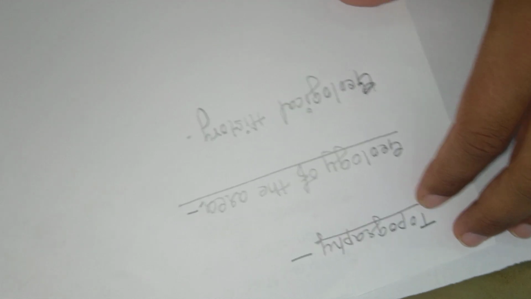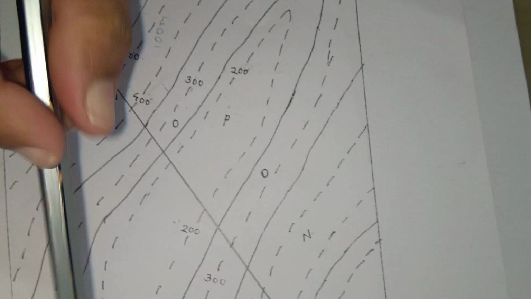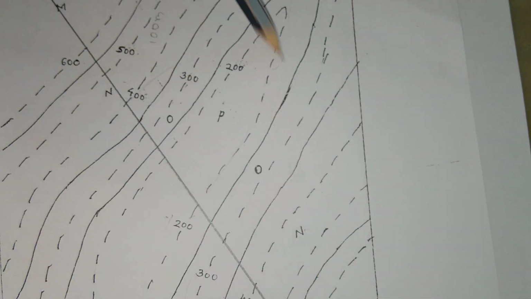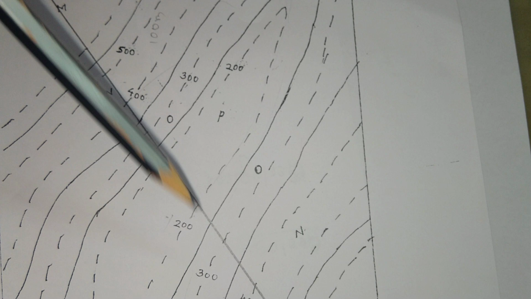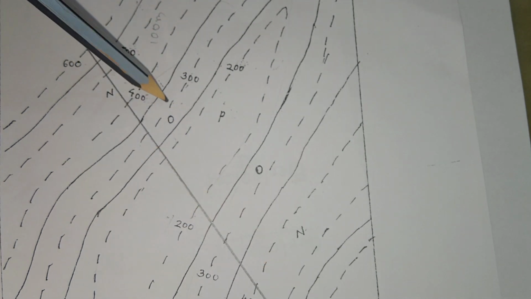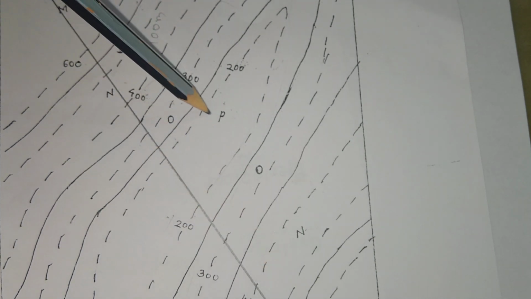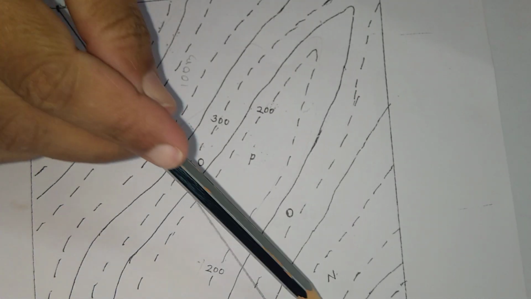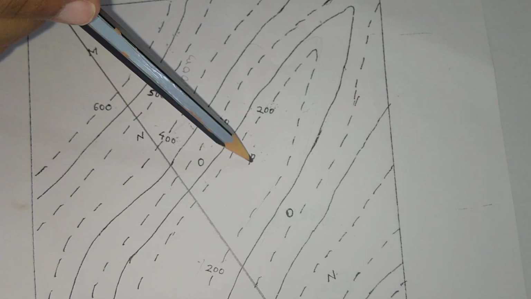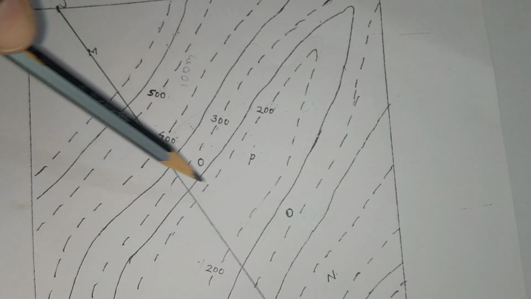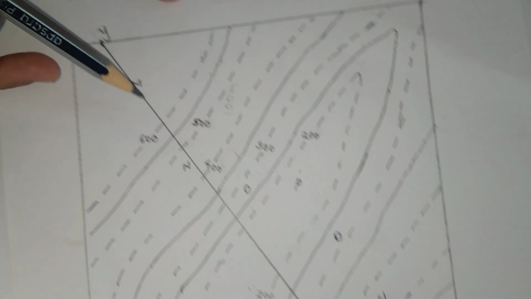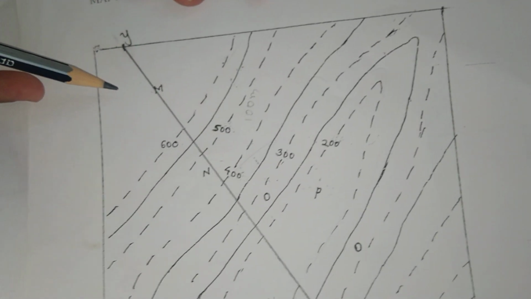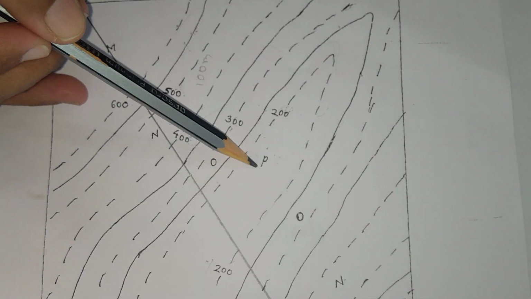Then next we will write the geology of the area. Geology means we are going to write about the beds. So what does this map represent? This map represents a single series of horizontal beds M, N, O and P, wherein the M bed is the younger bed and P is the older bed.